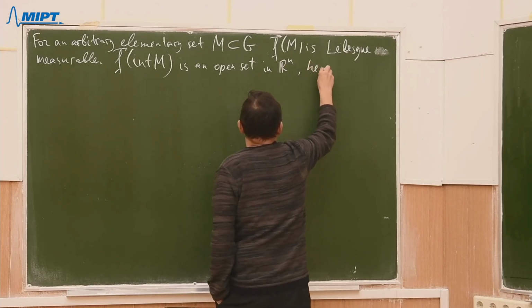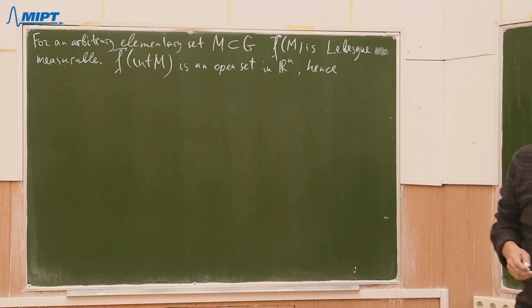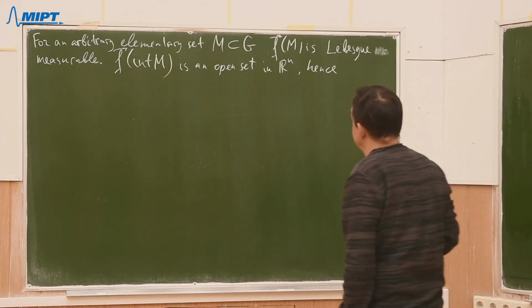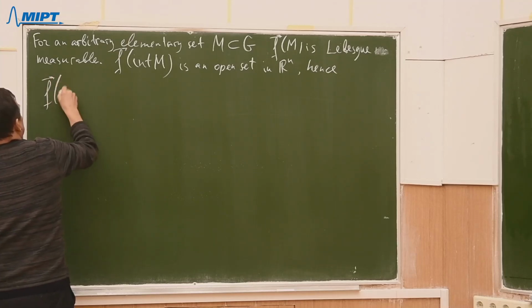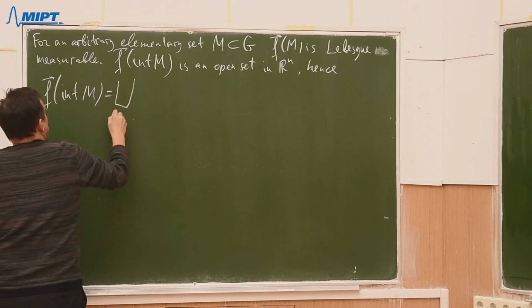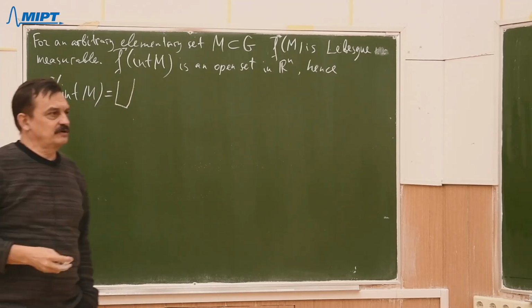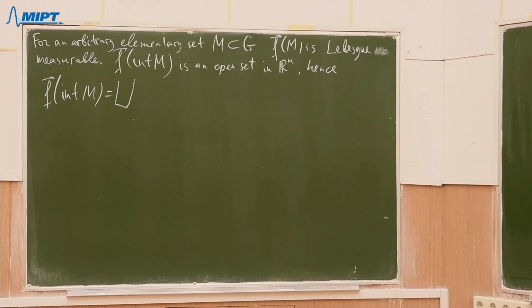Hence, we have a theorem about the structure of open sets in R^n. Hence, it can be represented as a disjoint union. Now remember, I used a disjoint union like that.